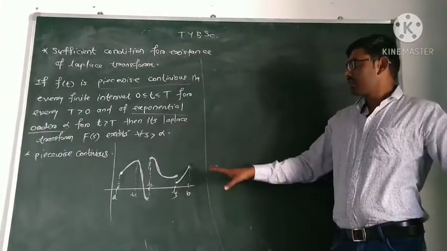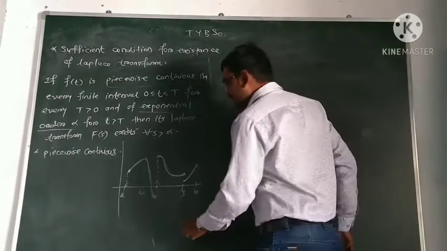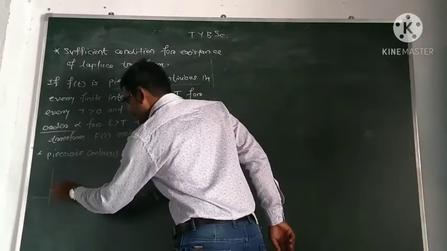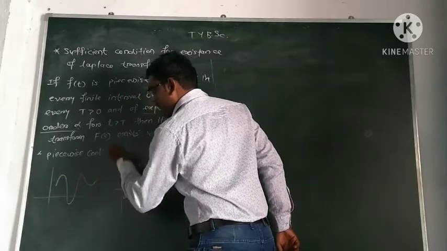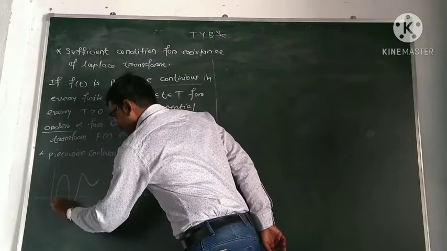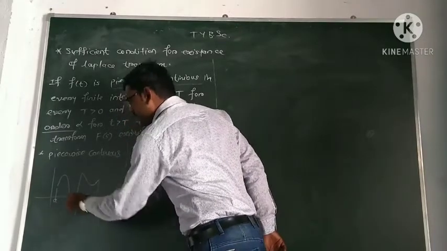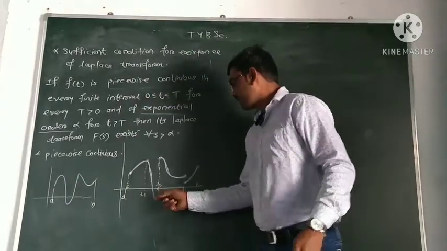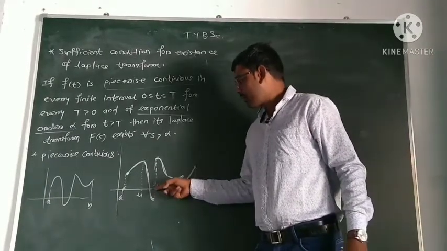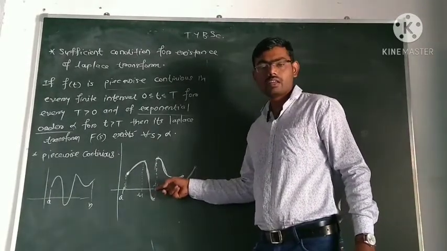If the graph were like this, then the function would be continuous from this point A to this point B. There is no break in the graph, but here there is a break, or the limit at this point does not exist.